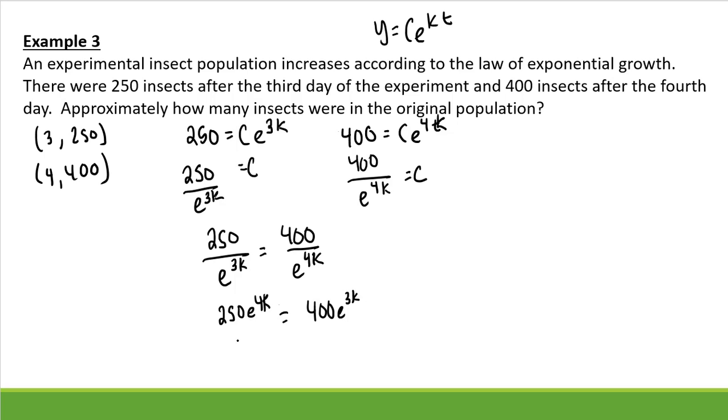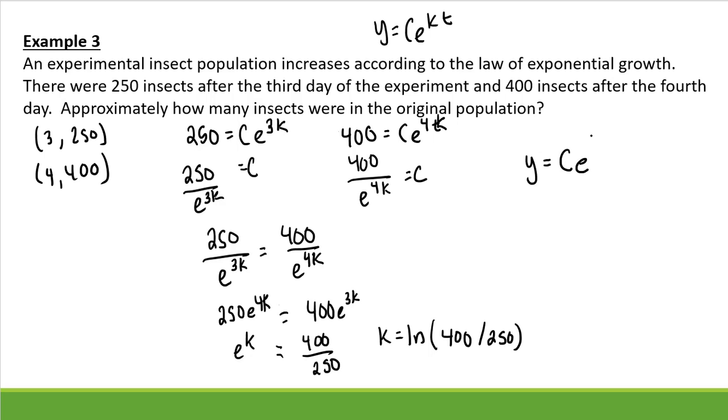So k then equals the ln of 400 divided by 250. So now I have this equation: y equals c e to the ln of 400 divided by 250, times t.